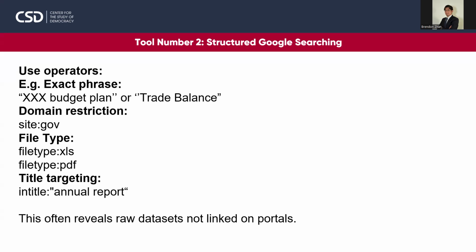So with phrases such as site:gov or filetype:xls, you can designate the format of a file, and it allows you to locate specific spreadsheets and reports. Title searches help identify official documents. These techniques can reveal datasets that are not linked to official portals.